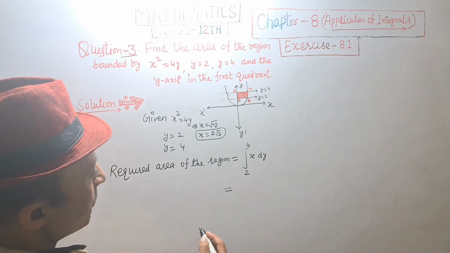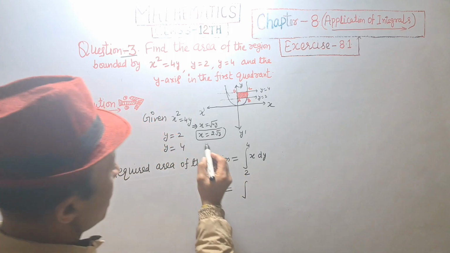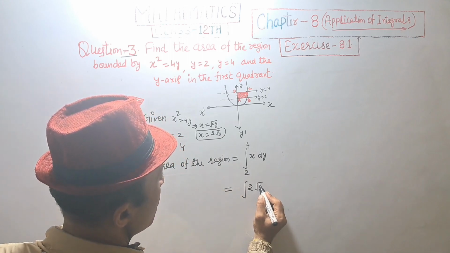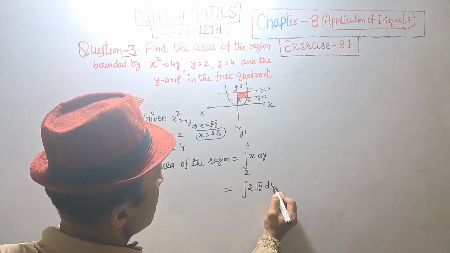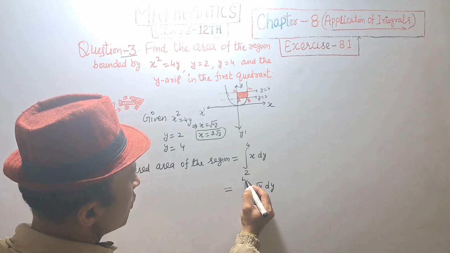is equal to integration of x is equal to 2 root y into dy and limit is 2 to 4.